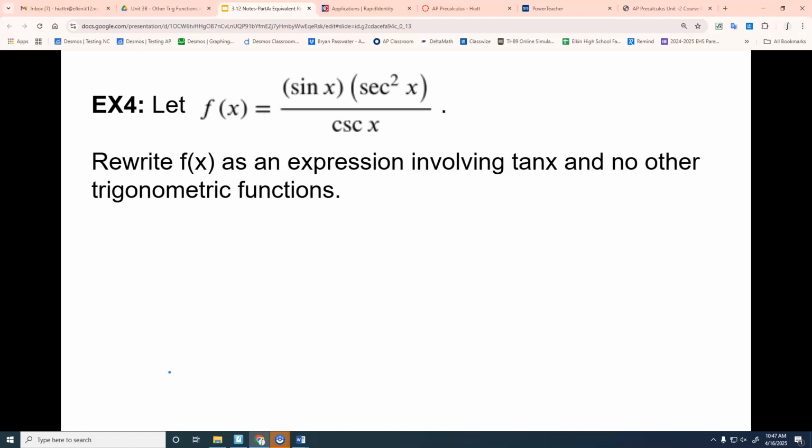Okay. We could. So it would be true that that is tangent squared x plus 1.